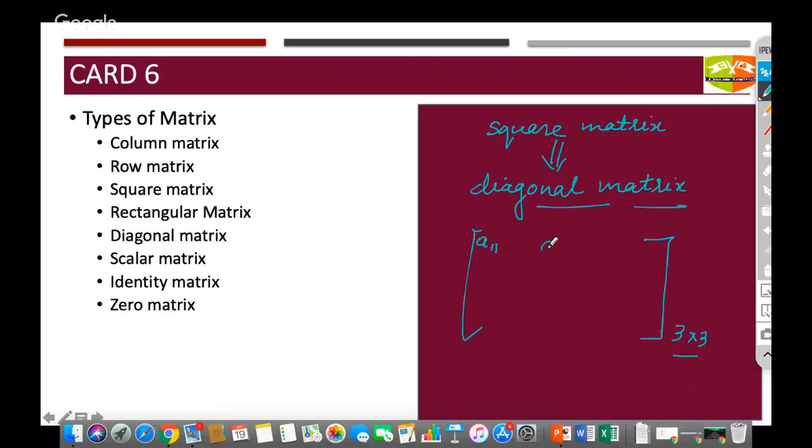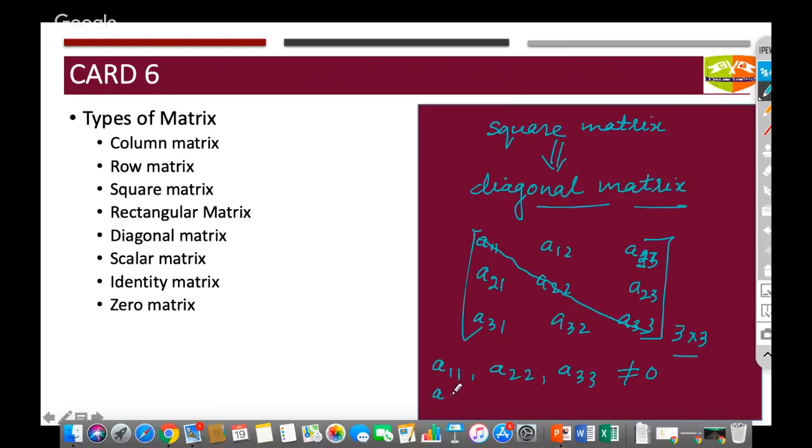I am writing A11, A12, A13, A21, A22, A23, A31, A32, A33. This particular line is known as the diagonal, not the opposite one. A11, A22, and A33 will not be equal to 0.